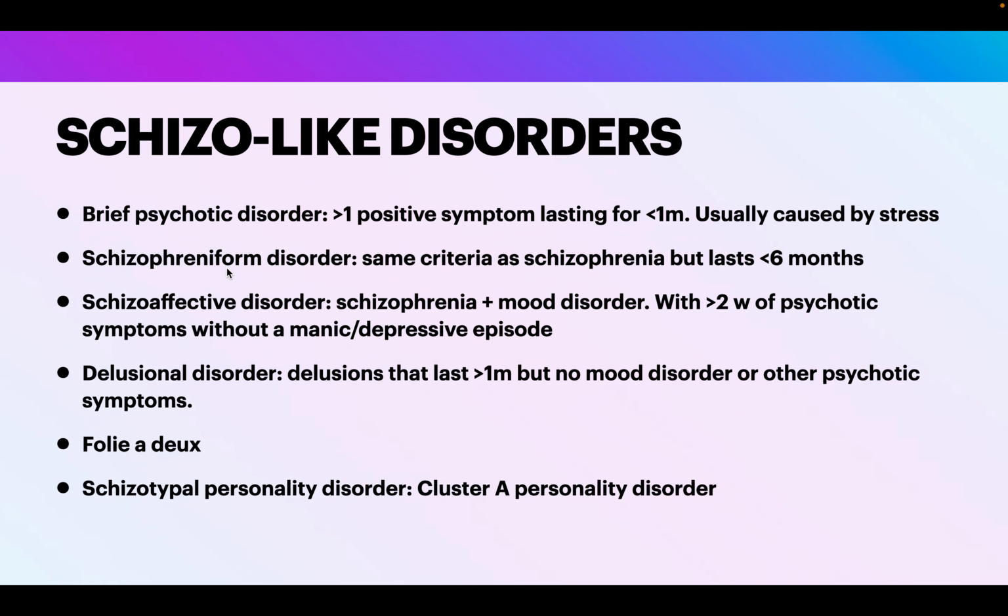Schizophreniform disorder is basically the same as schizophrenia, but lasts less than 6 months. So remember, 6 months is the big important timeline. Brief psychotic disorder: 1 positive symptom, it does not have to be auditory hallucinations, could be delusions, but it lasts for less than a month, and generally it's resolved once the stressor is removed.